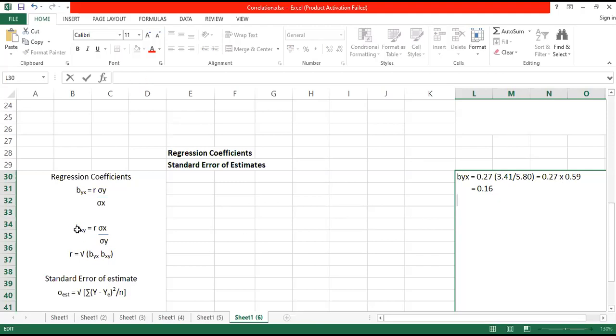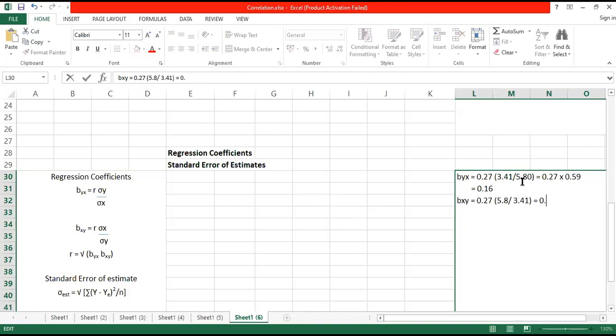Now let us calculate bxy. So bxy equals r, which is 0.27, into, now the ratio is reversed, sigma x upon sigma y. This is our sigma x 5.8 divided by, this is our sigma y 3.41.